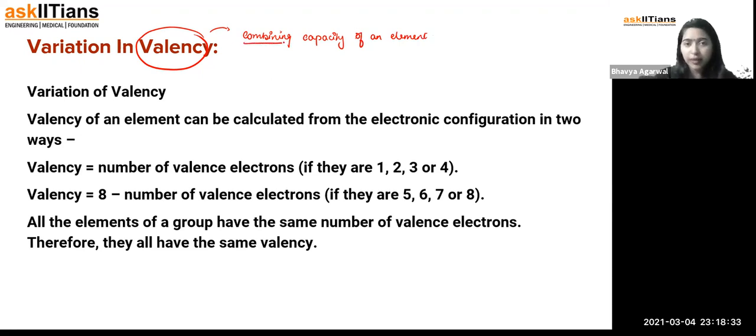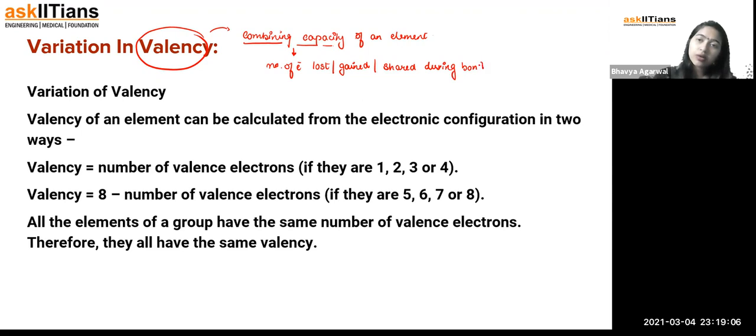Now, what do you mean by the term combining capacity? It means the number of electrons lost, gained, or shared during bond formation.